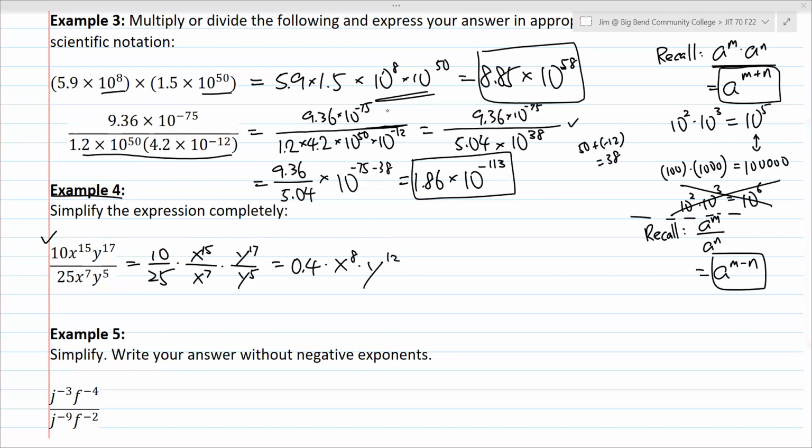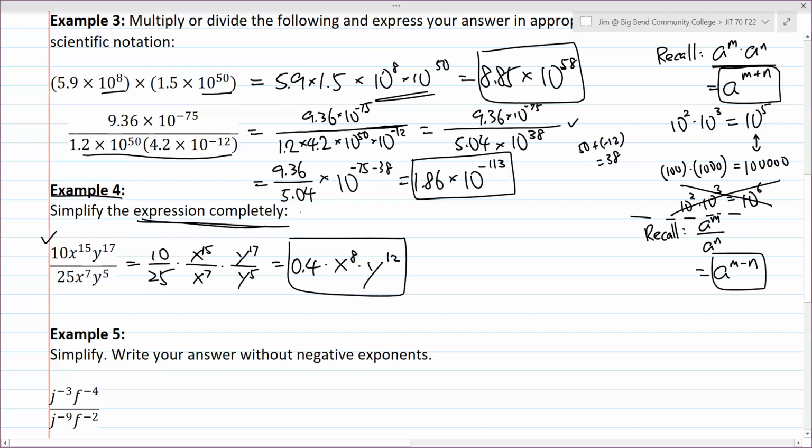And that's the final answer. The scientific notation is not required on this question, so it is okay to leave the answer like that. So when you have symbols with exponents in a fraction, that's how you deal with it. And this is how you simplify the fraction.